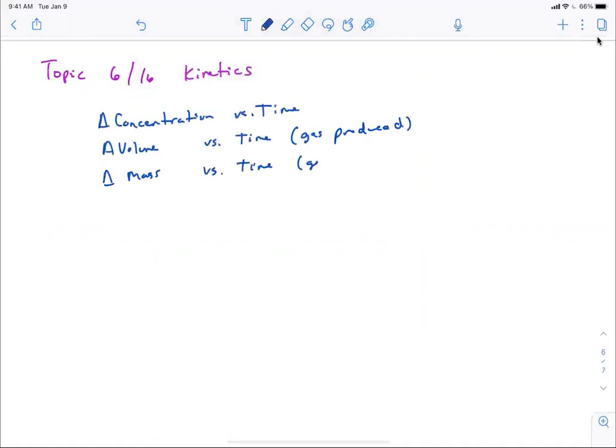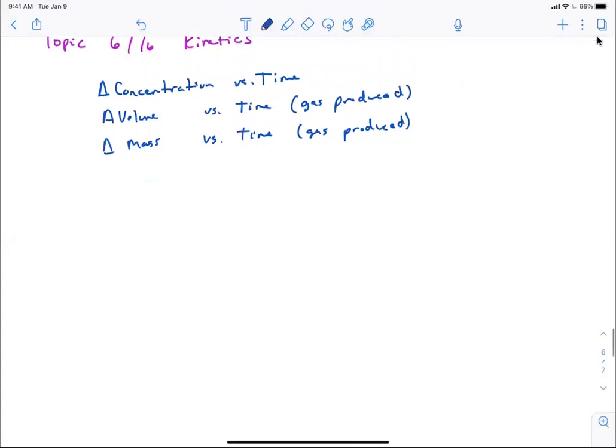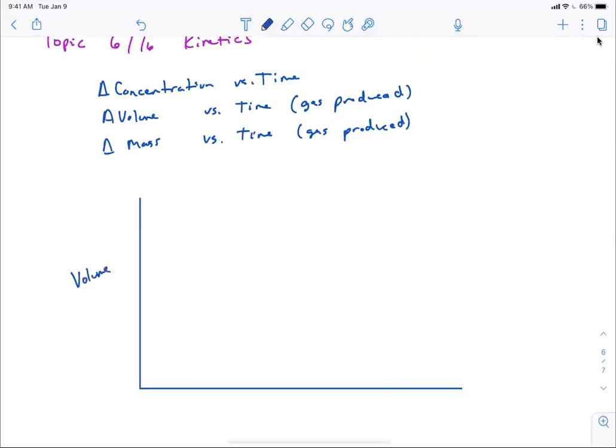I guess that's also gas produced because that's going to escape, which is going to decrease the mass of the container in which the reaction is occurring. I'm going to stick with volume here because I find that to be the most consistent one, the easiest one to measure as well. And so with this is understanding how the graph changes based on your scenario, okay?